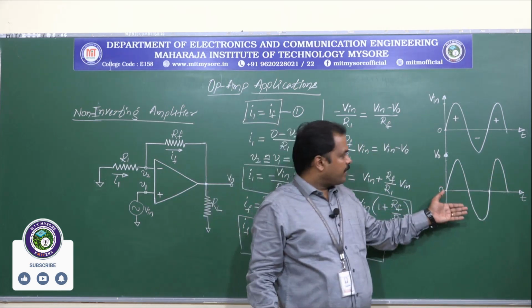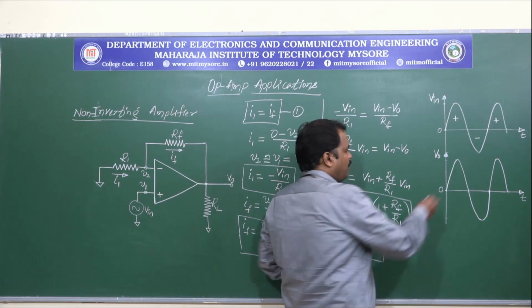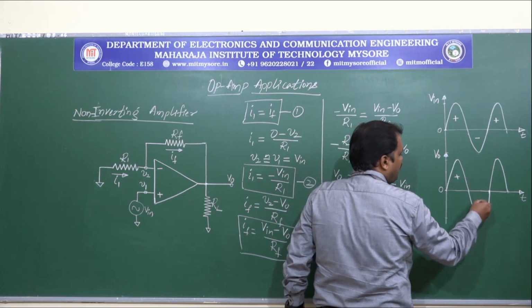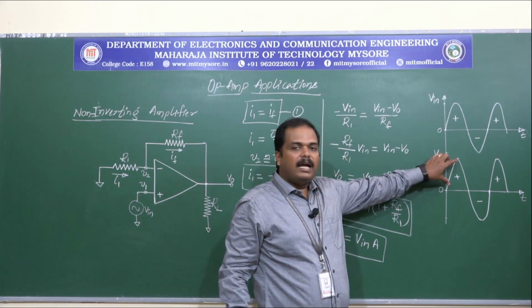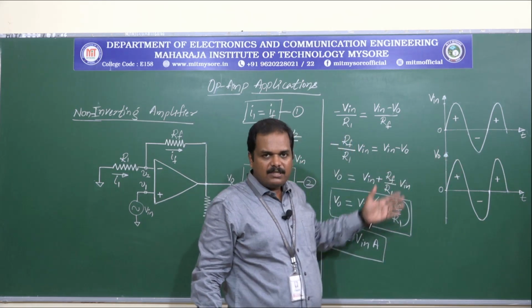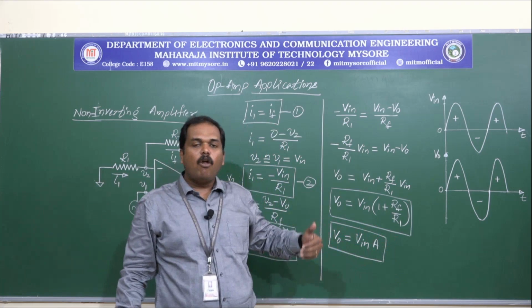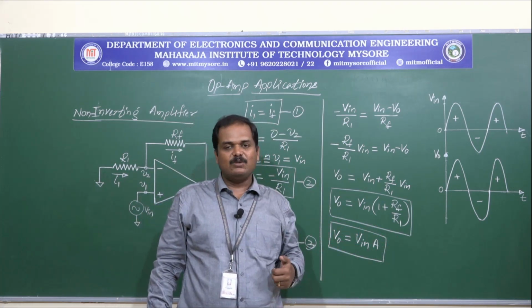So from this, what we can understand is the output signal is in phase with the input signal with an amplified level. So this is the working of non-inverting amplifier using op-amp.